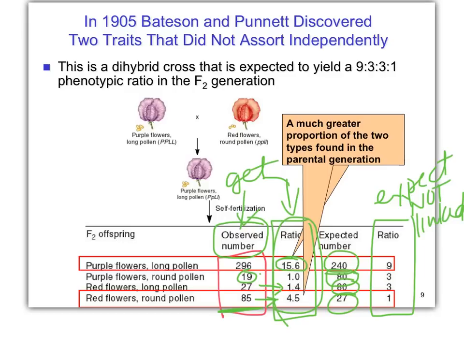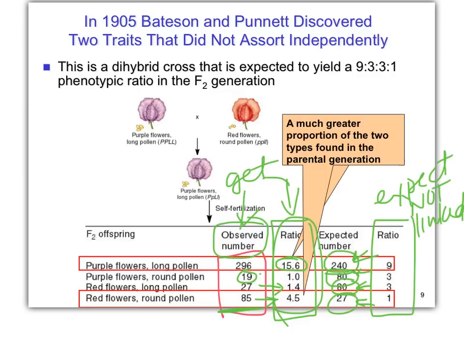And then the statistics will help us compare these numbers to see if they're close enough to be called 9 to 3 to 3 to 1 or far enough away. But as you can see, this is kind of a pain in the butt. Figuring out what the 9 expected number is, the 3 expected, the 3, and the 1. This is not super simple math. It's not that hard, but it's kind of a pain in the butt, which is why we didn't do these chi-square analyses or look at goodness of fit in Chapter 3.